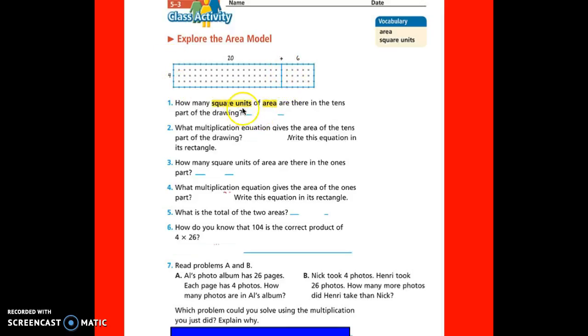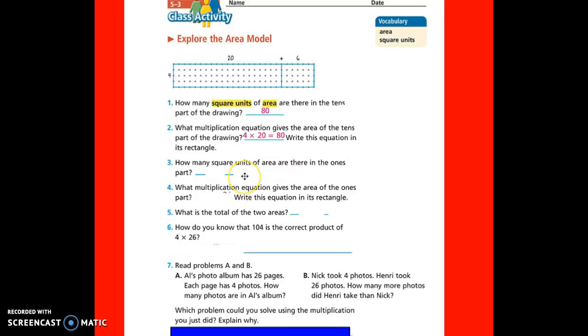So how many square units of area are in the tens part of the drawing? We're going to say 20 times 4, so 2 times 4 is 8, plus the 0 is 80 square units. What multiplication equation would give us the area of that? What did we have to multiply? We had to do 4 times 20, which equals 80.